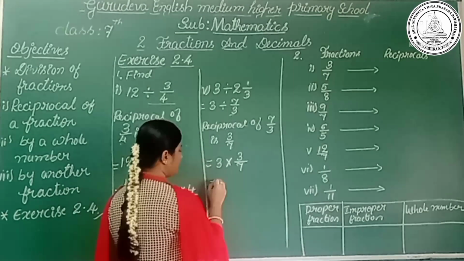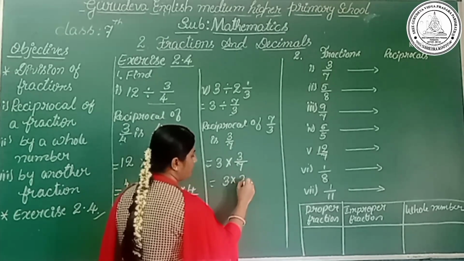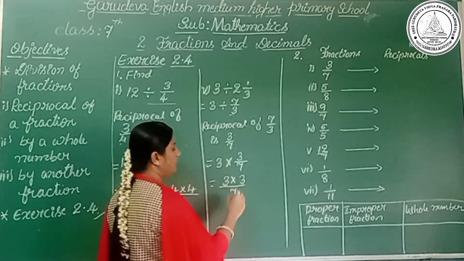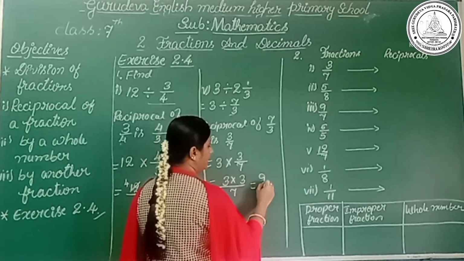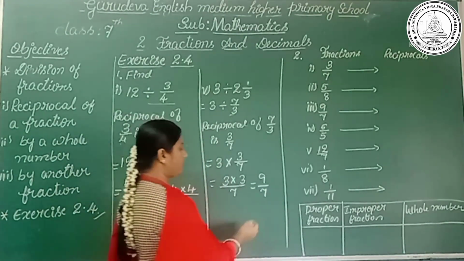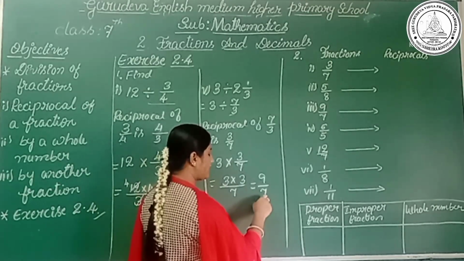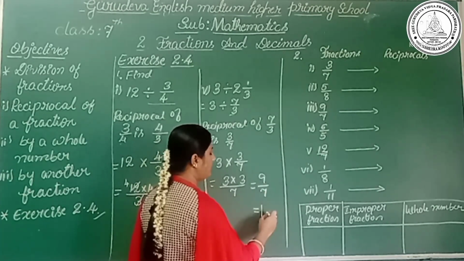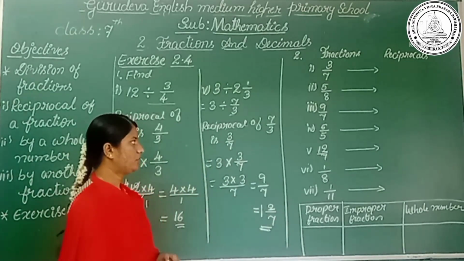Multiply the whole number with the numerator and write the denominator as it is: 3 threes are 9, 9 divided by 7. The quotient is an improper fraction, so convert it into a mixed fraction by dividing 9 by 7: 1 whole 2 by 7 is the quotient.